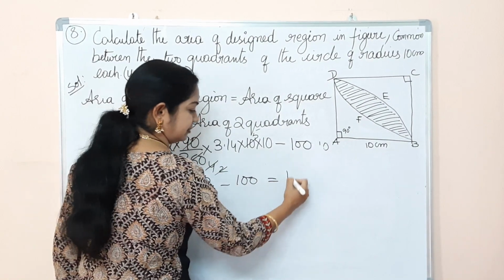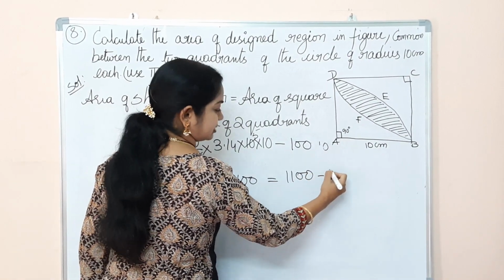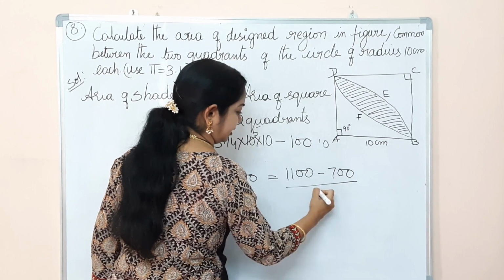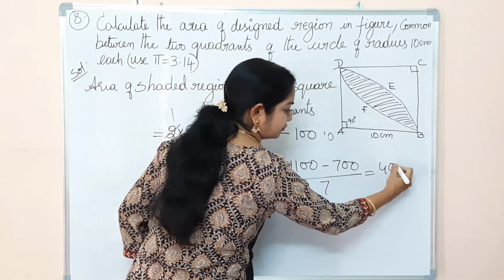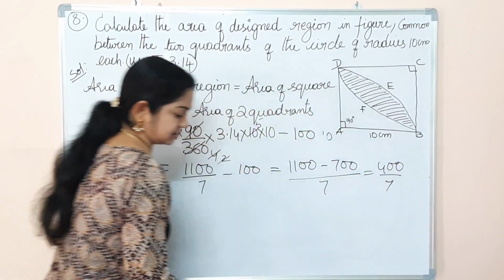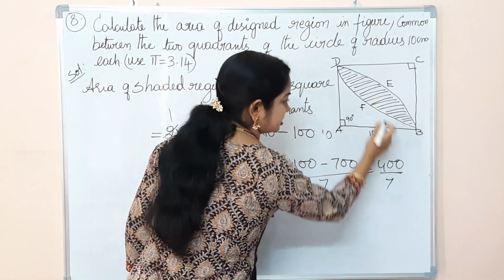If you take the LCM, 1100 minus 700 by 7 comes up to 400 by 7. So this is the area.